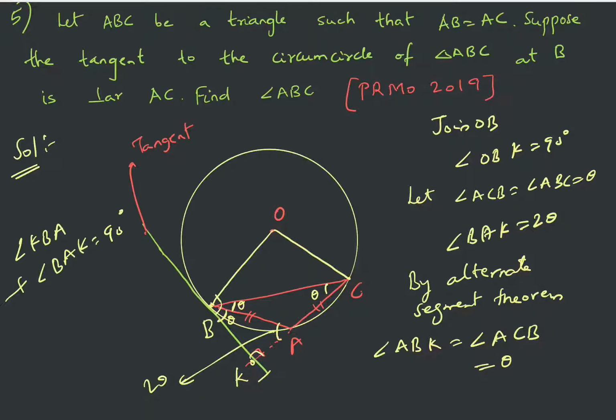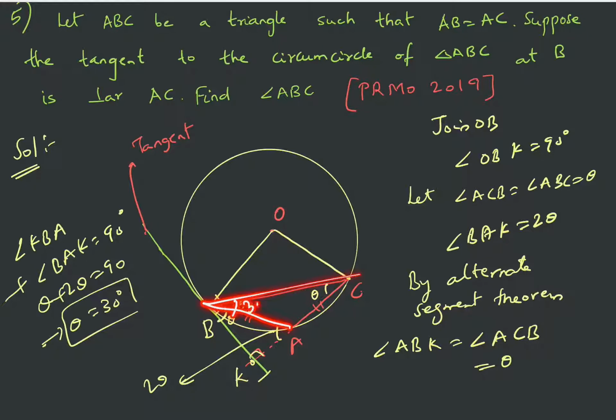Because this is a right angle triangle. So theta plus 2 theta is 90. This simply implies that theta is equal to 30 degrees. So the required angle, angle ABC, is nothing but 30 degrees.